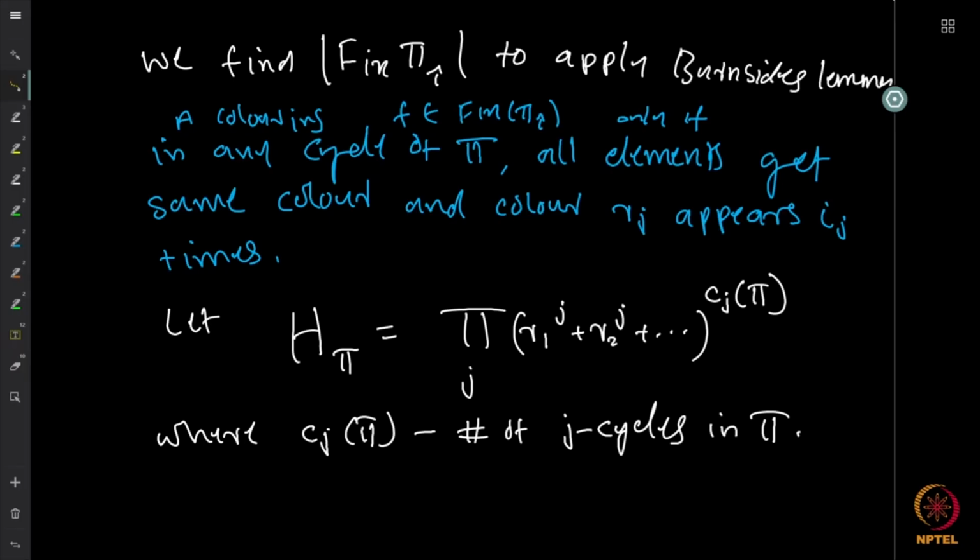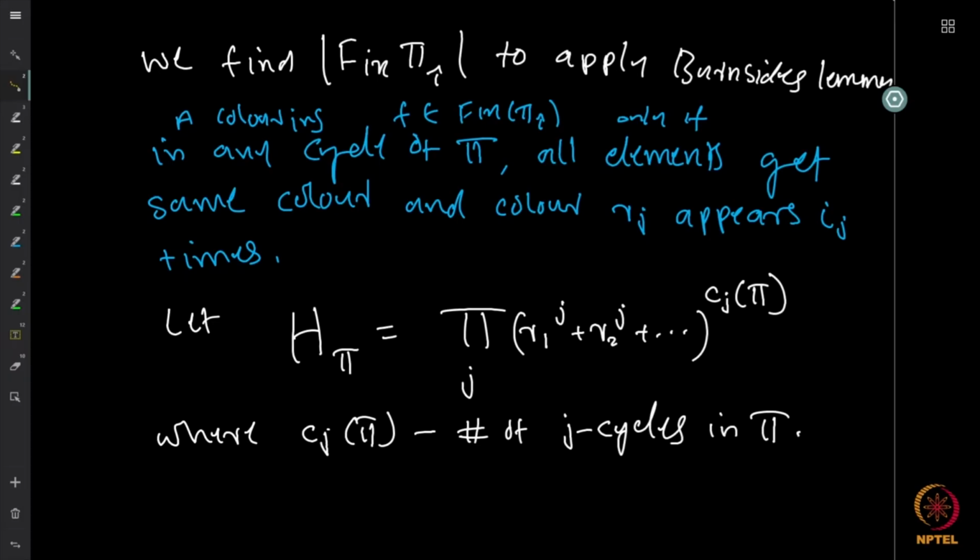Now, what does the choice of r_k raised to j say? r_k is a variable which denotes the color r_k. So r_k raised to j says that some j-cycle is colored with r_k. All the elements in some j-cycle are getting the color r_k.